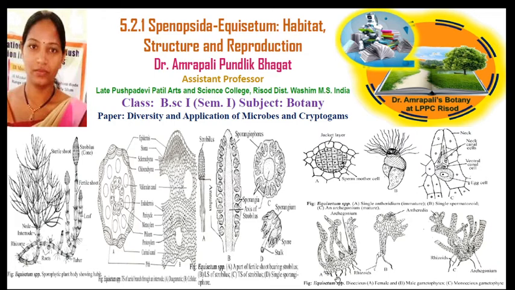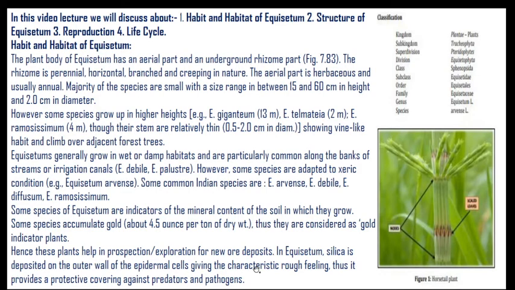While if the Equisetum is dioecious, then female and male gametophytes are found, and if it is monoecious, then both archegonia and antherozoids are found on a single thallus body. So in this way, we are going to learn about the complete life cycle of Equisetum.